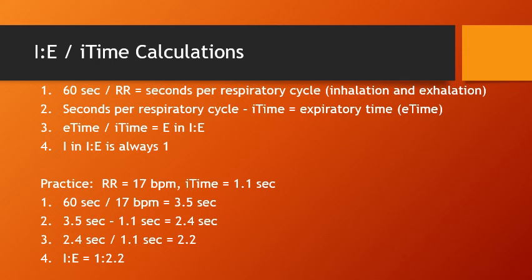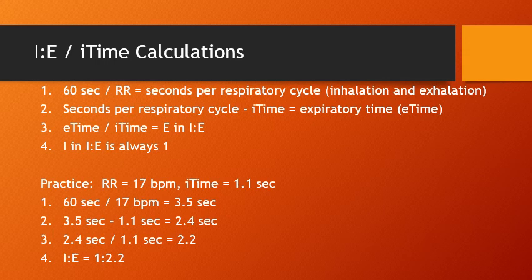Now if we take 3.5 seconds and we subtract 1.1 seconds, that's our I time, the amount of time it's taking that patient to inhale. What we're left with is 2.4 seconds, so that's the time it's taking that patient to exhale, our E time. Now if we divide our E time, 2.4 seconds, by our I time, 1.1 seconds, we get 2.2.